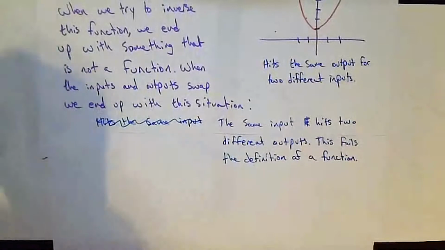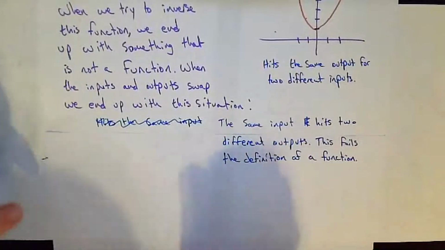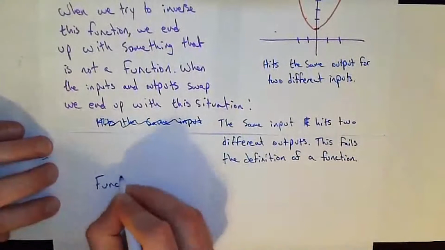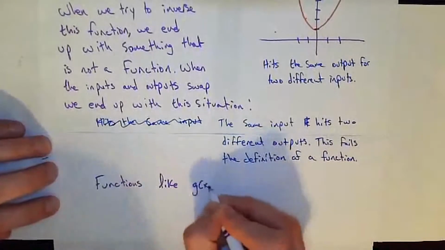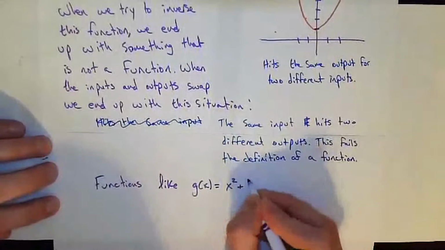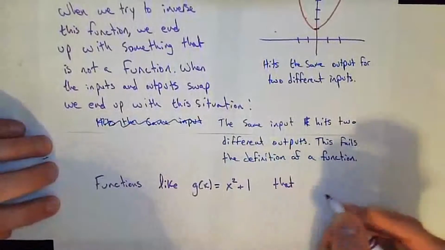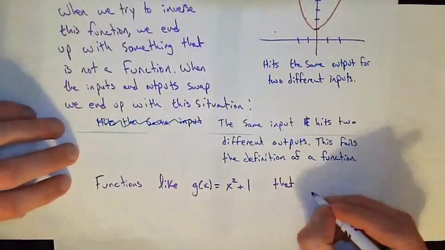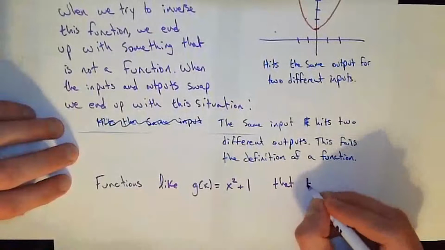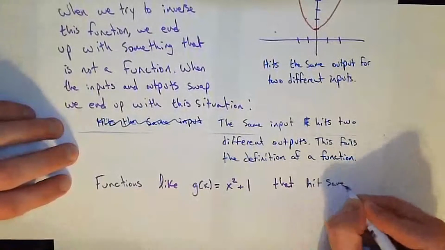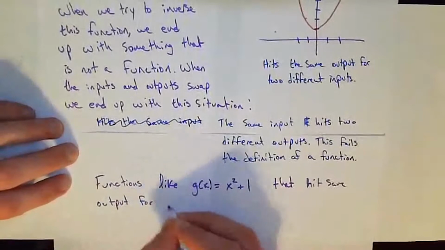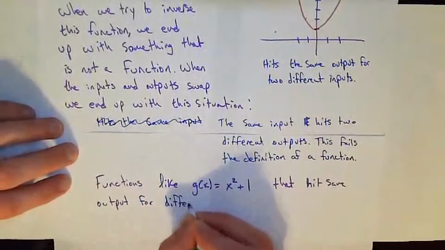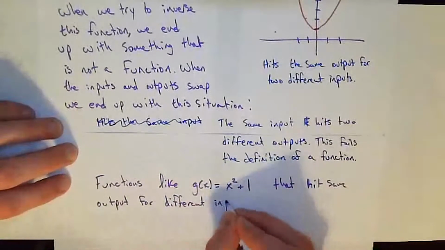Okay, so what's the point? Functions like g of x equals x squared plus 1 that hit the same output for different inputs are still functions.